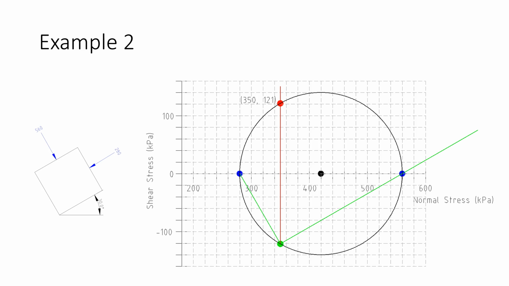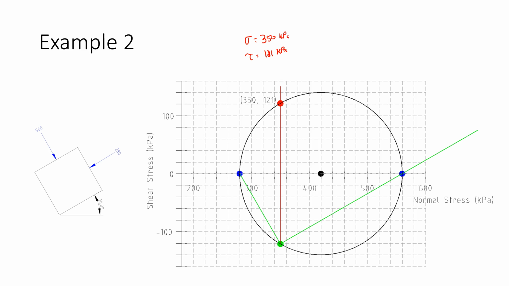When I draw this in with the CAD, I find that this point is at a normal stress of 350, and it has a positive shear stress of 121 kPa. So those are the stresses acting on the vertical plane. And we could say that the normal stress is 350 kPa, and the shear stress is 121 kPa.